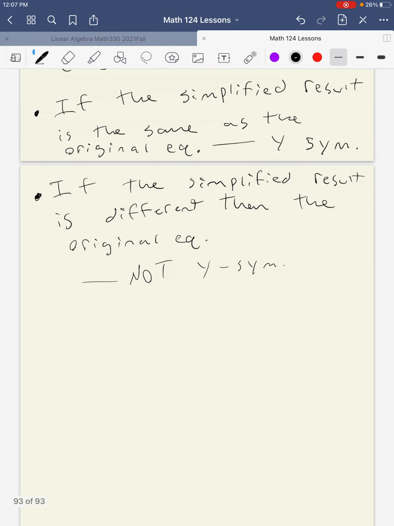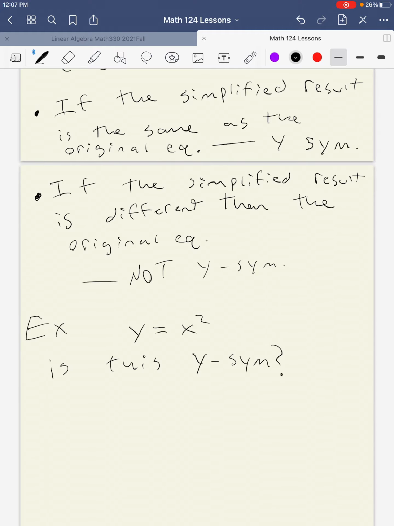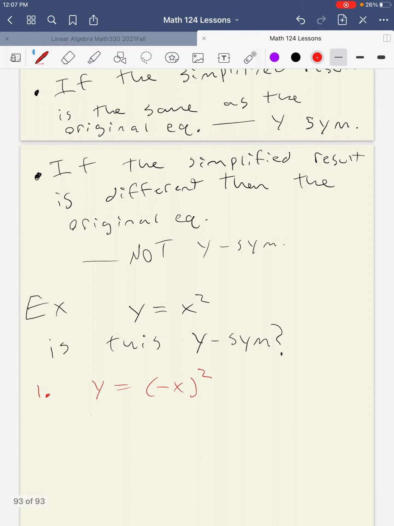Okay, so I'll just do an example. Consider the equation y equals x squared. Is this symmetric about the y-axis? Well, following the above steps, in step 1 we replace the x's with a minus x in the equation, and then we simplify.